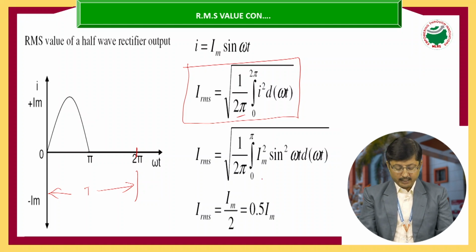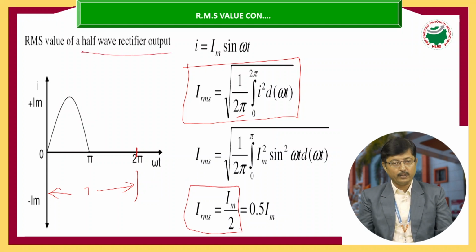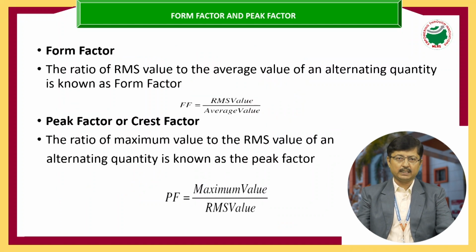After simplification of the above expression, we get the RMS value of the half wave rectifier as I_m by 2, that is 0.5 times the maximum value. So these are the RMS values for sinusoidal, half wave and full wave rectifiers.